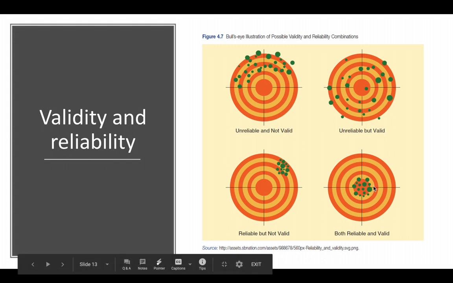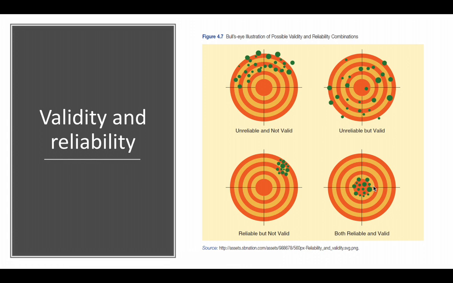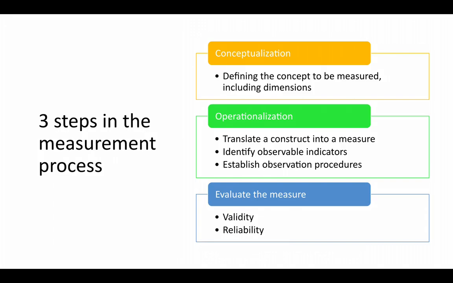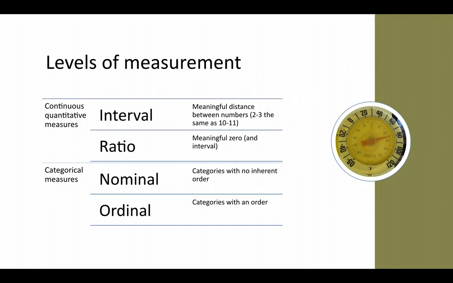The last one, right? Both reliable and valid because it's around the center, right? And it's close to each other. Right, so this is both reliable and valid. Now, what we are looking for in measurements is we want them to be both reliable and valid. All right, to summarize, three steps in the measurement process: conceptualization, operationalization, and evaluation.